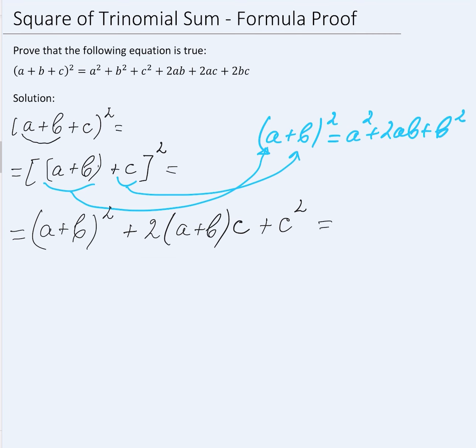As a next step, we need to open parentheses. Again, we apply the formula (a + b)² equals a² + 2ab + b², and then open parentheses. This equals 2ac plus 2bc, and what's left is c².